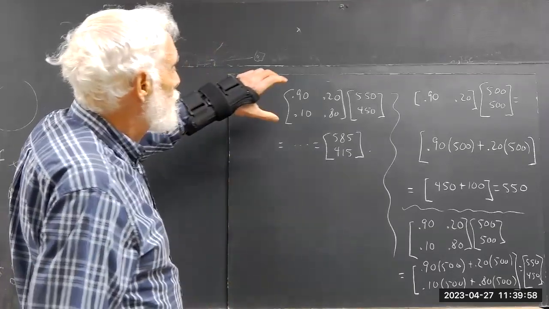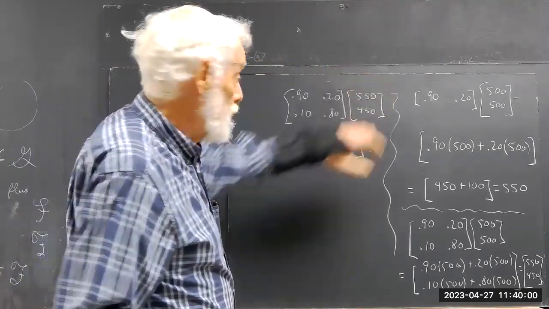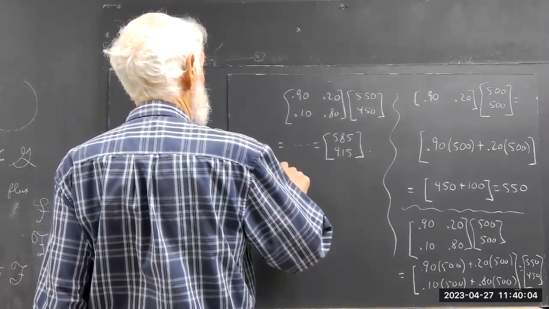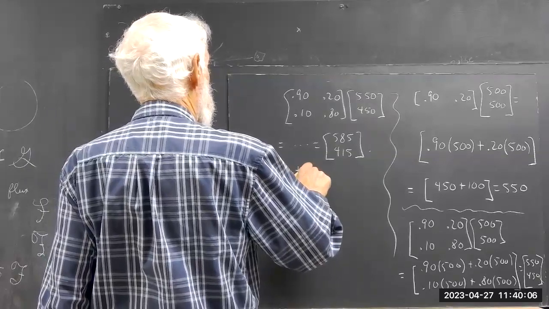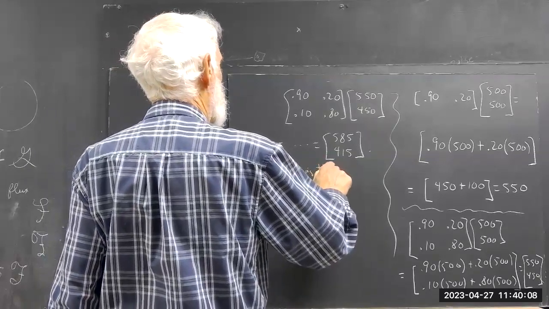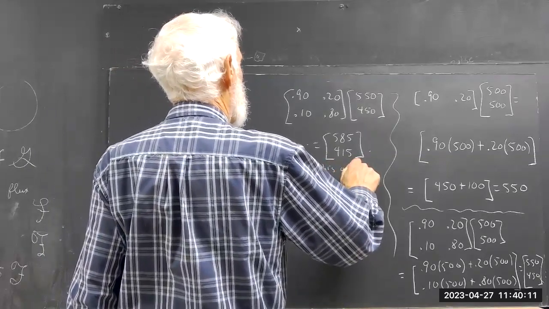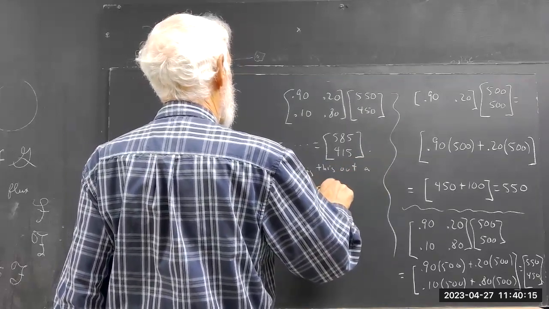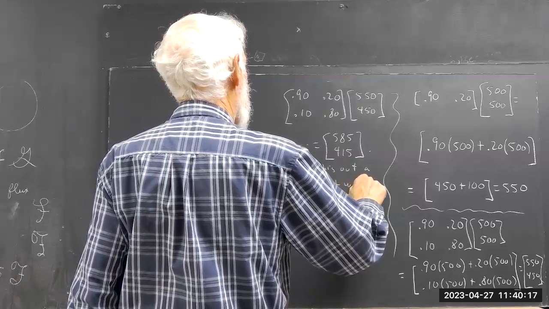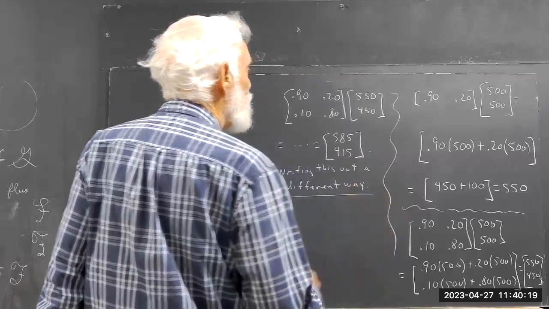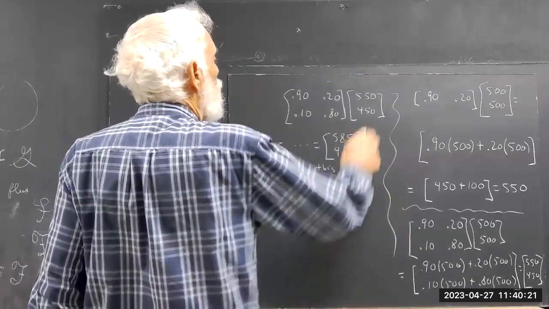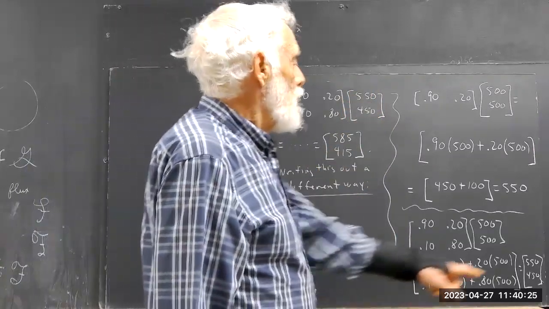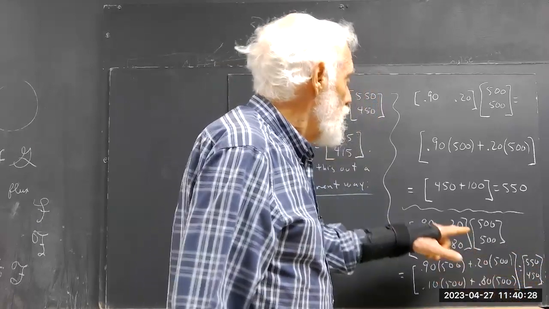Now, there's another way I could write this out. It's similar, but it's different. Where did the 550, 450 come from? The 550, 450 is this.